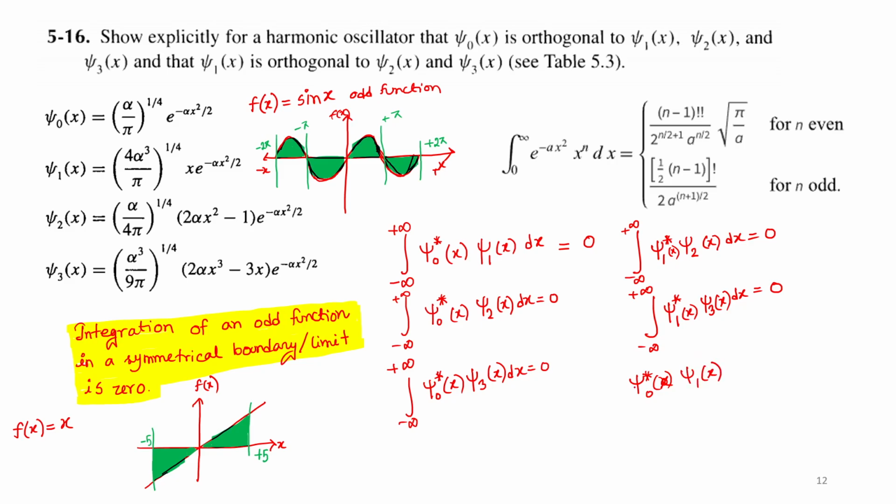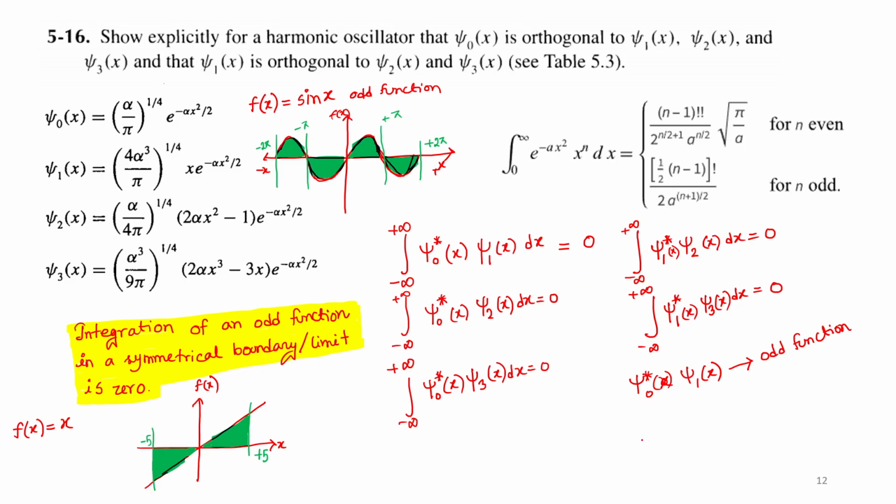Forget about the constant part. It is going to be x e to the power minus alpha x square by 2. Actually it is going to be minus alpha x square. But as x is there, this is actually an odd function. So integration of this from a symmetrical limit, minus infinity to plus infinity, is going to be 0.